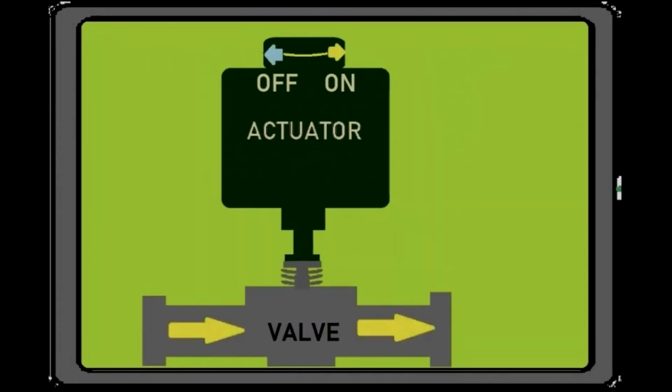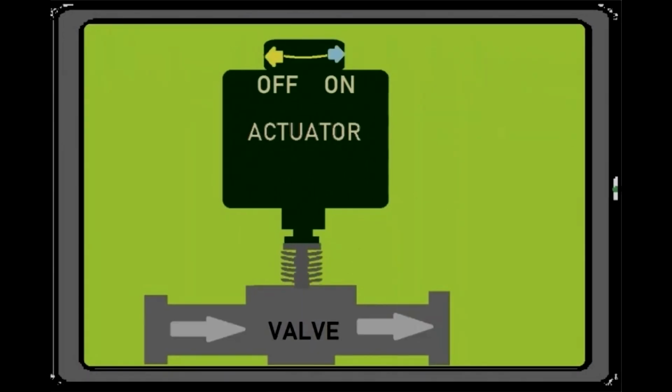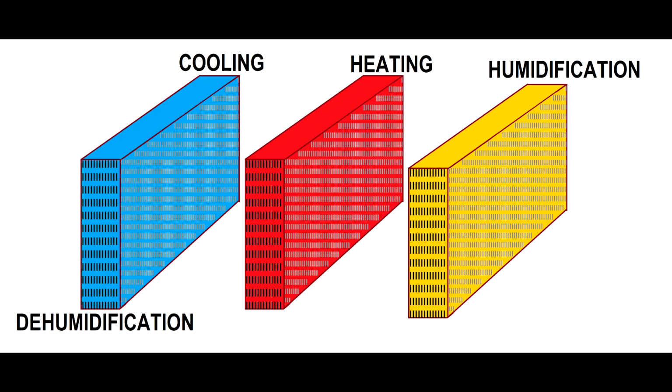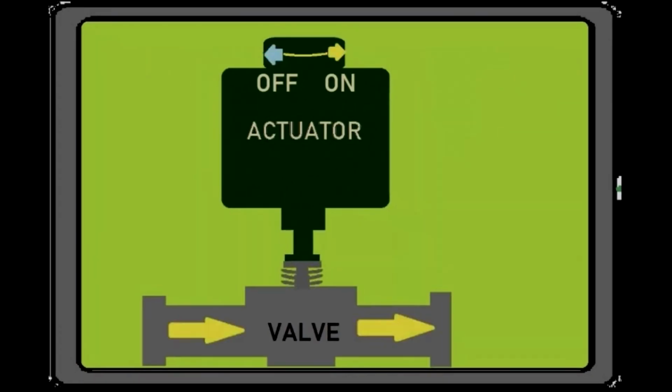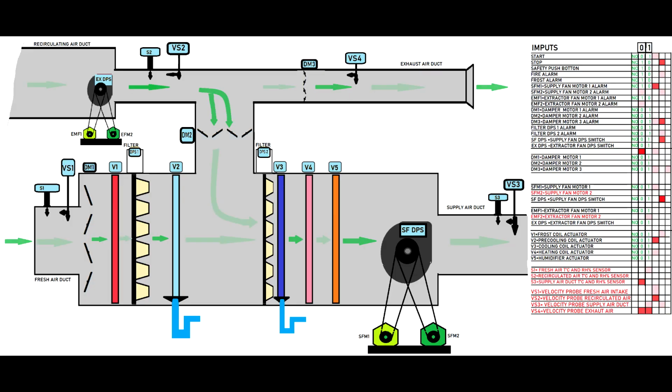But as I said before, a good control is not always enough. When we choose a heating strategy, we have to consider the heat exchanger size. I just said the actuators will only control the flow.